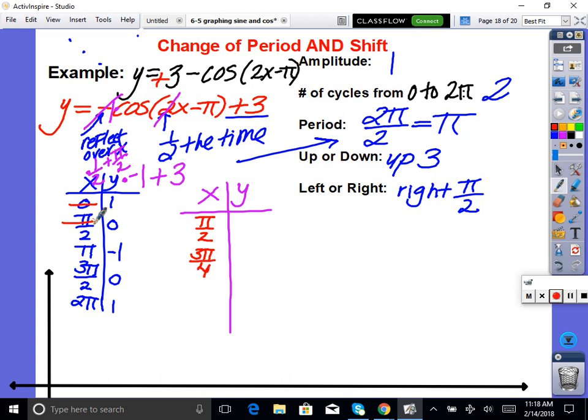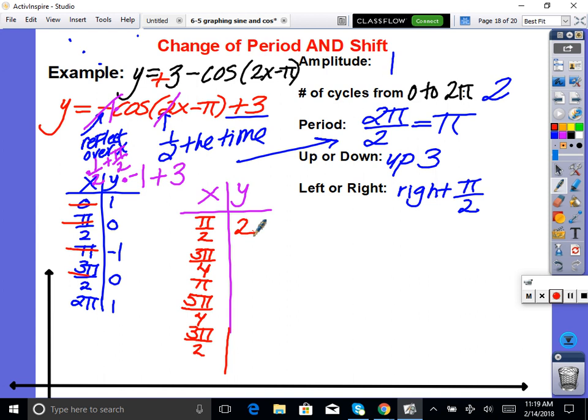Pi times a half, pi halves plus pi halves, pi. 3 pi halves times a half is 3 pi fourths. 3 pi fourths plus pi halves. What is it? And then 2 pi times a half is pi. Pi plus pi halves is 3 pi halves.